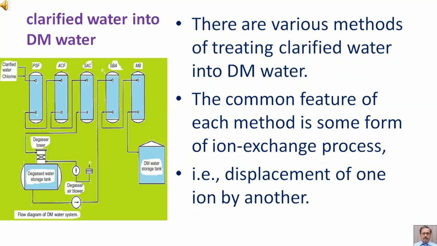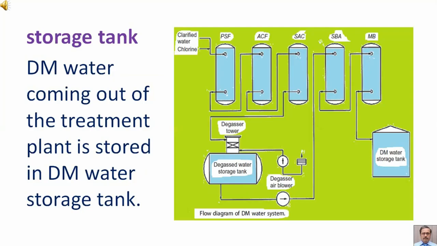The common feature of each method is some form of ion exchange process, that is, displacement of one ion by another. Demineralized water coming out of the treatment plant is stored in DM water storage tank.